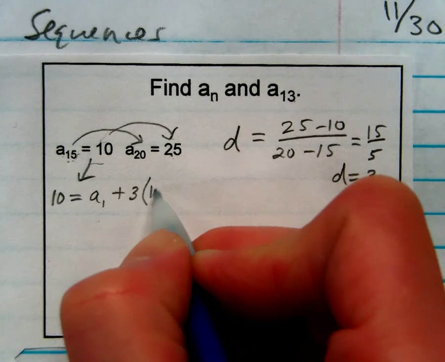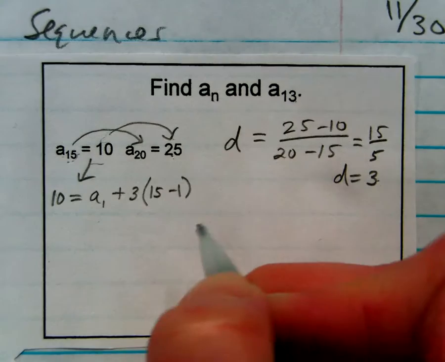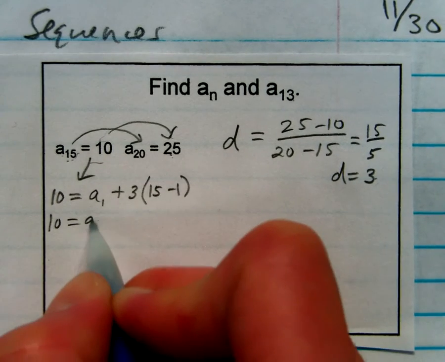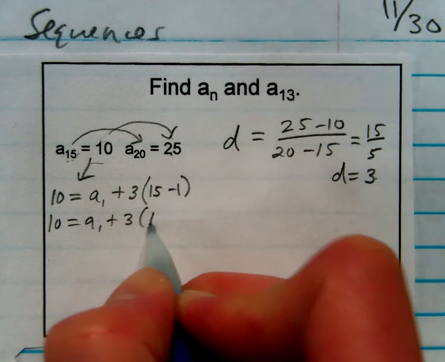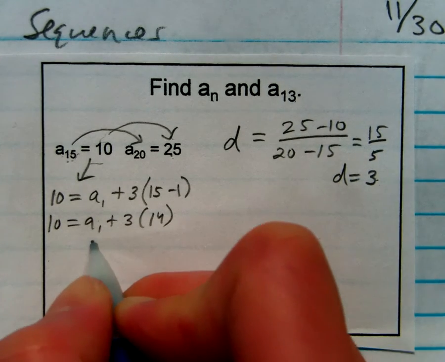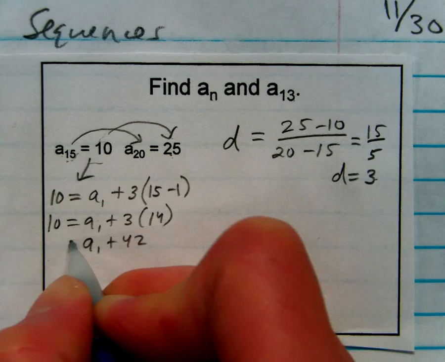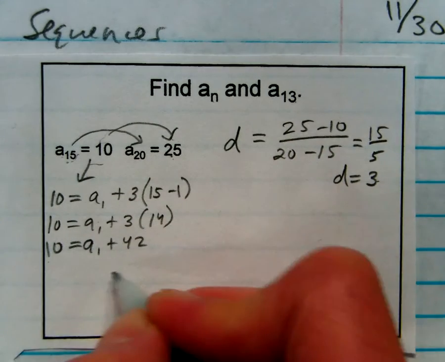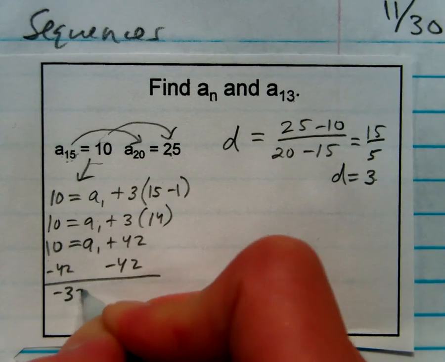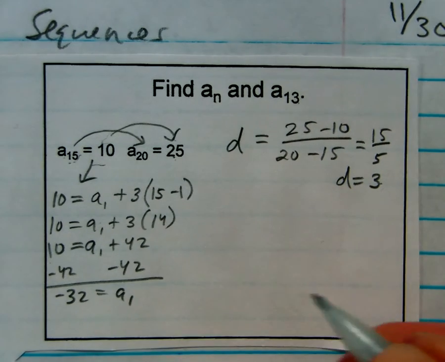So we're on the 15th term, so 15 minus 1. 15 minus 1 is 14. Take that times 3, we get 42. And then you can just subtract, negative 32 is the first term.